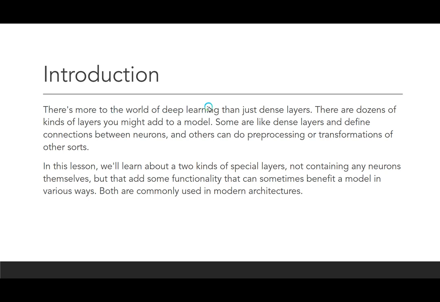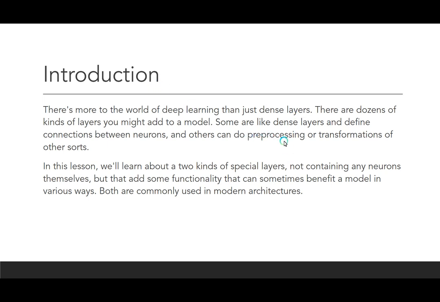There is more to the world of deep learning than just dense layers. There are dozens of kinds of layers you might add to a model. Some are like dense layers and define connections between neurons, and others can do pre-processing or transformation. So these are the kinds of layers we are going to look at.